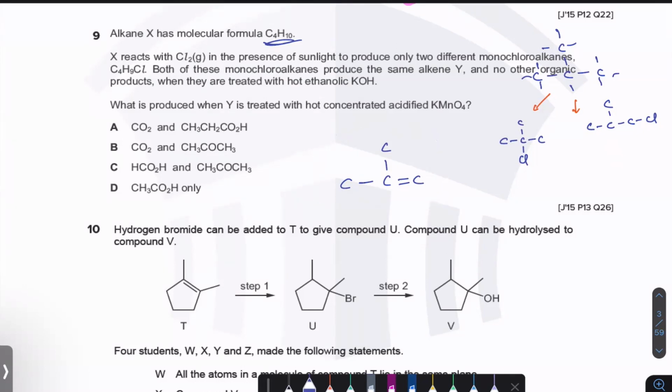So clearly my X is this, because this is the only one that is giving us the same Y, same alkene Y, no matter where the chlorine gets attached. And this compound, this is Y.